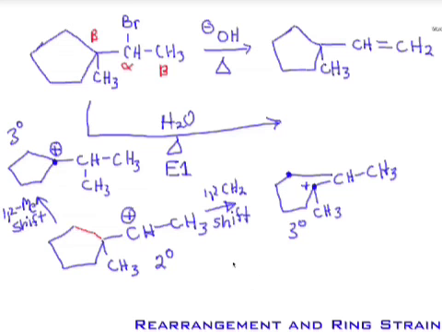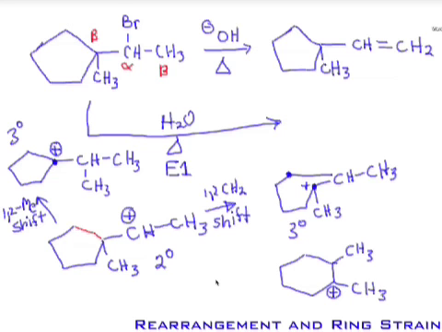And the answer to that is that you are expanding the ring from a 5-membered ring to a 6-membered ring. 1, 2, 3, 4, 5, 6 carbons. 6 carbons reduces ring strain to a minimum.